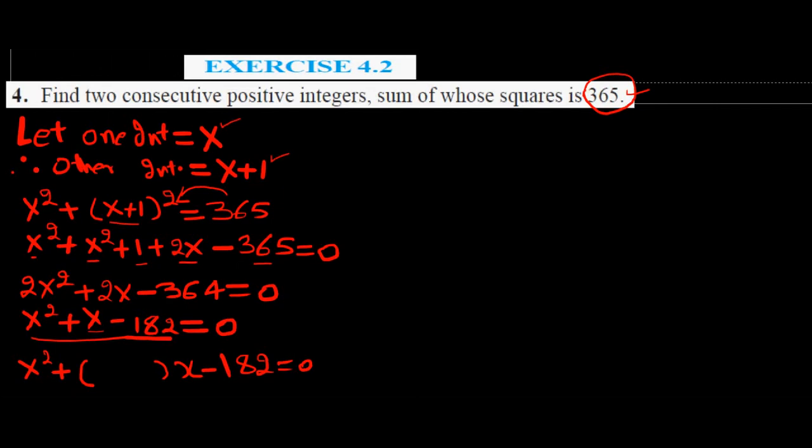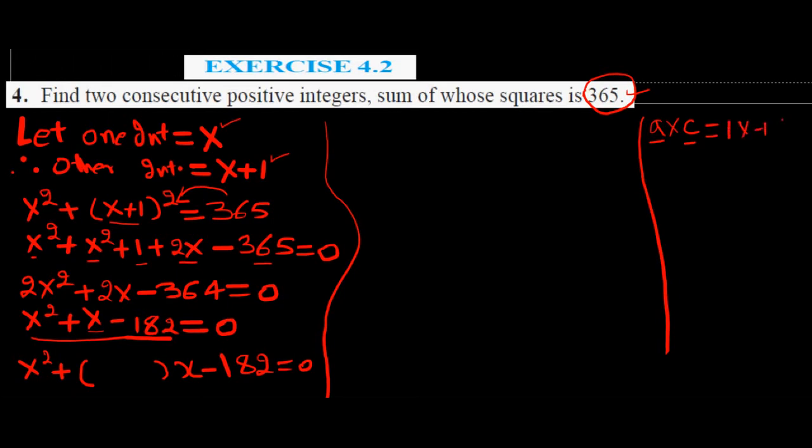Now I will solve it here. As usual, first of all we will multiply a into c, where a is the coefficient of x square, which is 1 here, and c is the constant term, which is minus 182. If I multiply this, I will get minus 182. I am going to split the middle term into two terms in such a way that the multiplication should be minus 182.